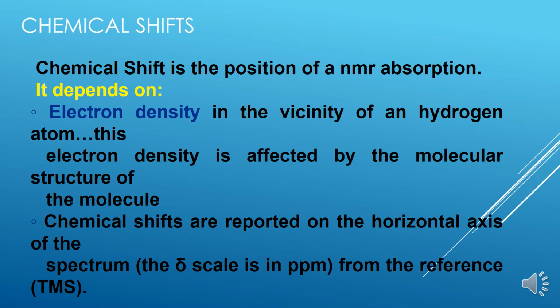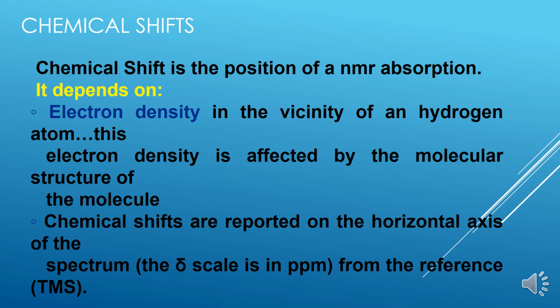In other words, chemical shift is defined as the position of NMR absorptions also. In the earlier slide, I told you the change in the energy needed to flip a proton is also called chemical shift, or else we can define chemical shift as the position of NMR absorption.